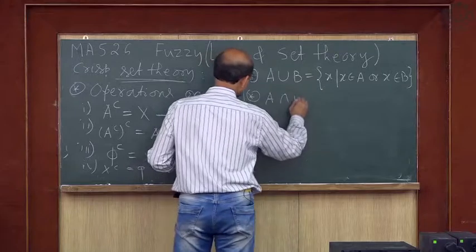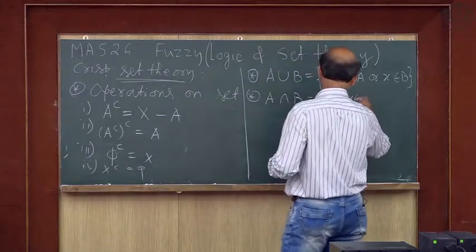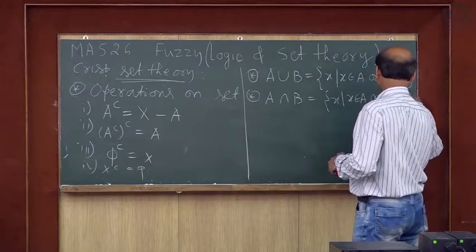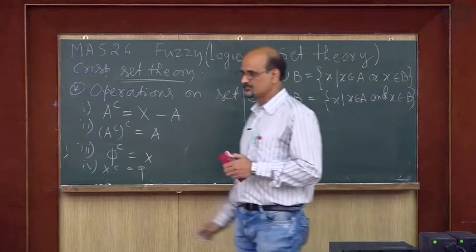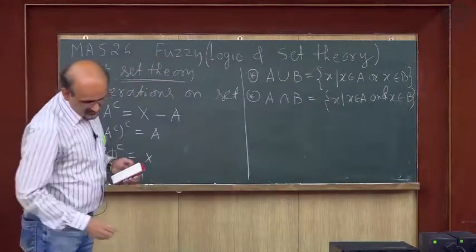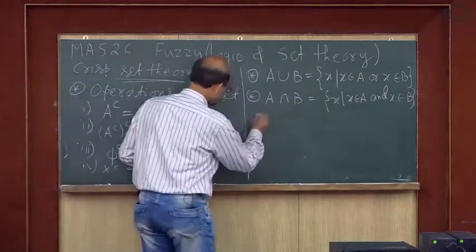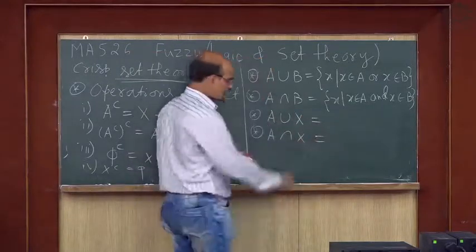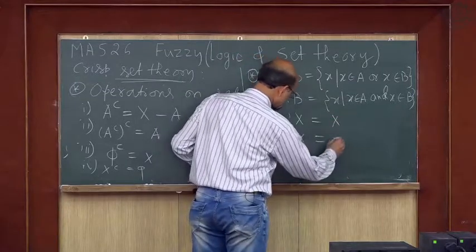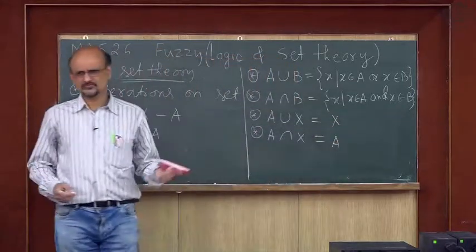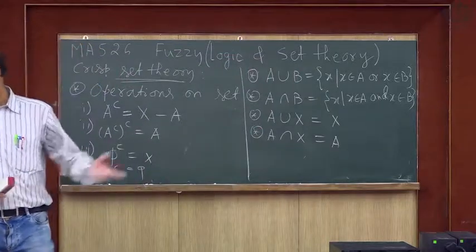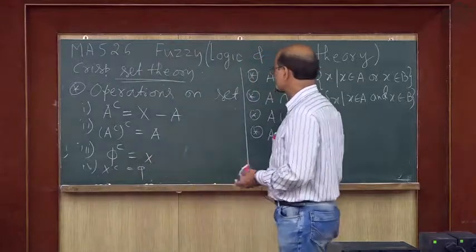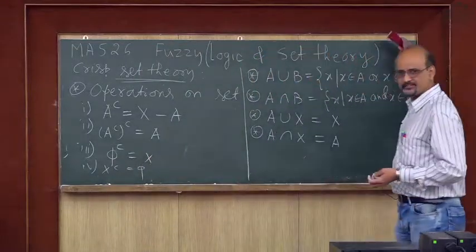A intersection B is X such that X belongs to A and belongs to B. Now, A union X is X, and A intersection X is A. There are other very simple properties, I am not going into that. A intersection A complement is phi.